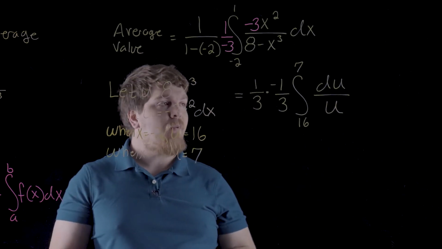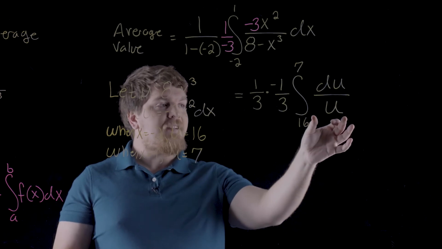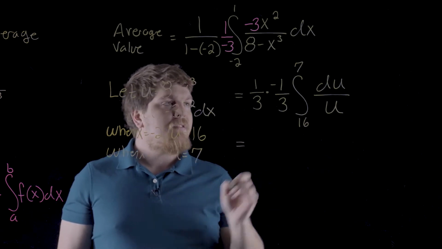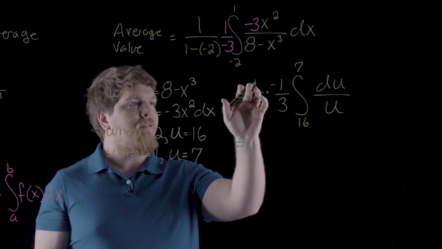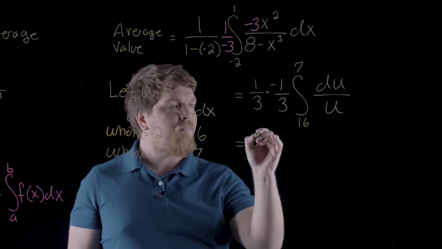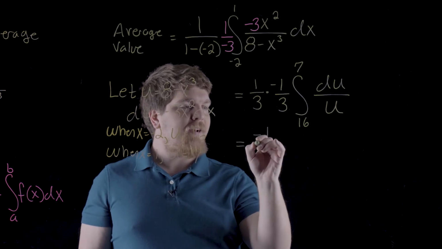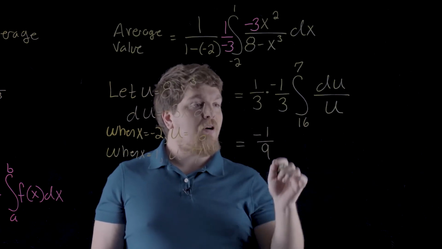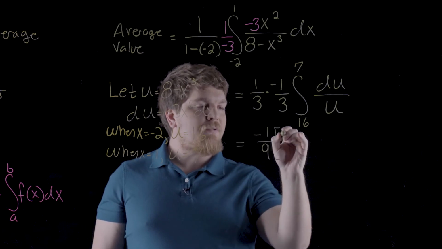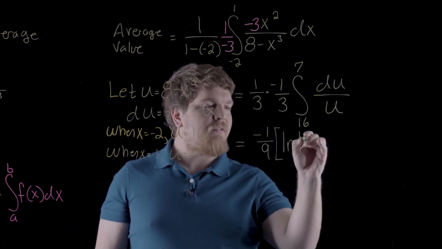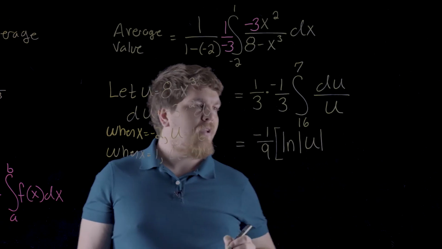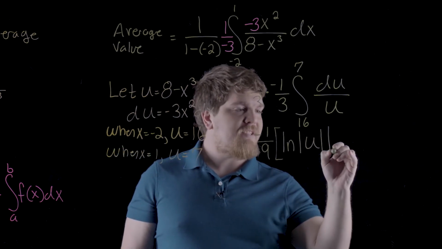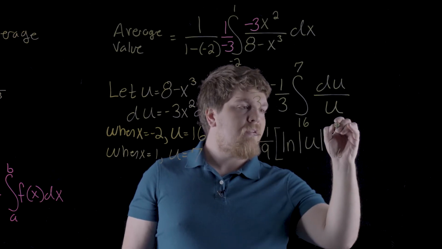So at this point in the problem, we are ready to evaluate our antiderivative, and then we can find our definite integral. So what do we have? Well, out front, we have 1/3 times -1/3. We can write that as -1/9. The antiderivative of du over u is the natural log of the absolute value of u, and we want to evaluate the natural log of the absolute value of u from 16 to 7.